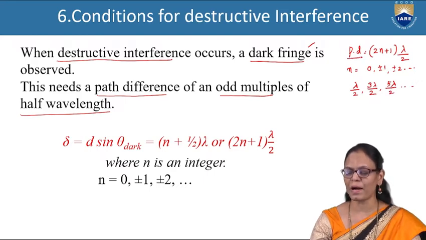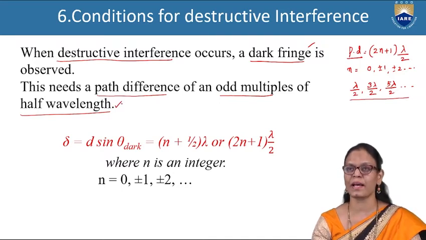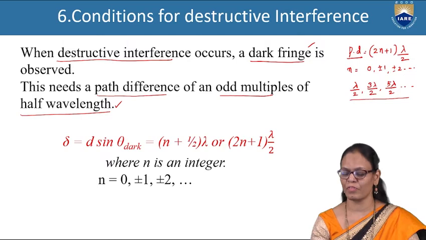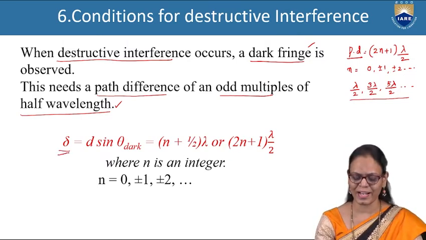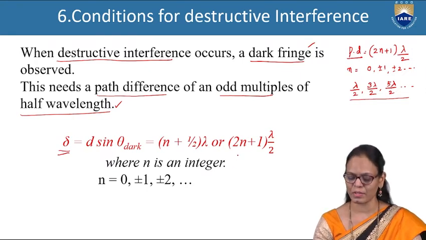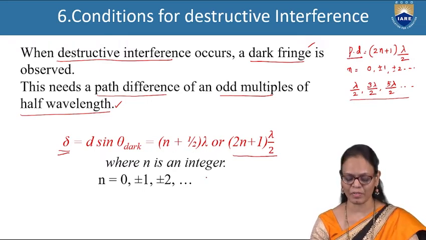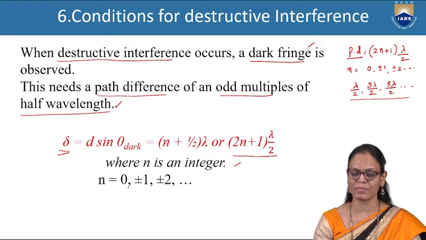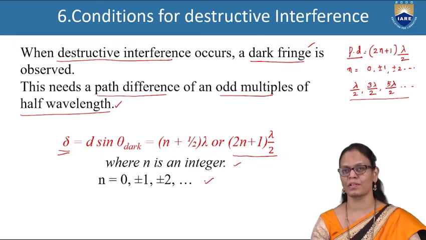So whenever the path difference is an odd multiple of half the wavelength, that is lambda by 2, then we get destructive interference. So delta, which denotes the path difference, is (2n plus 1) into lambda by 2, or you can also write it as (n plus 1/2) into lambda, where n is an integer and takes the values 0, plus or minus 1, plus or minus 2, and so on.